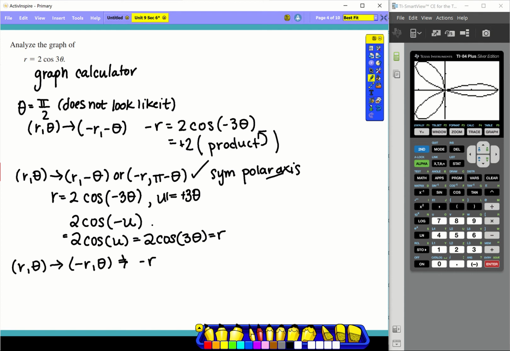So that gives us negative r equals 2 cosine 3 theta. So r is going to equal negative 2 cosine 3 theta. And I can't make that equal to r equals 2 cosine 3 theta. So it's not symmetric to the pole, and that's the center.